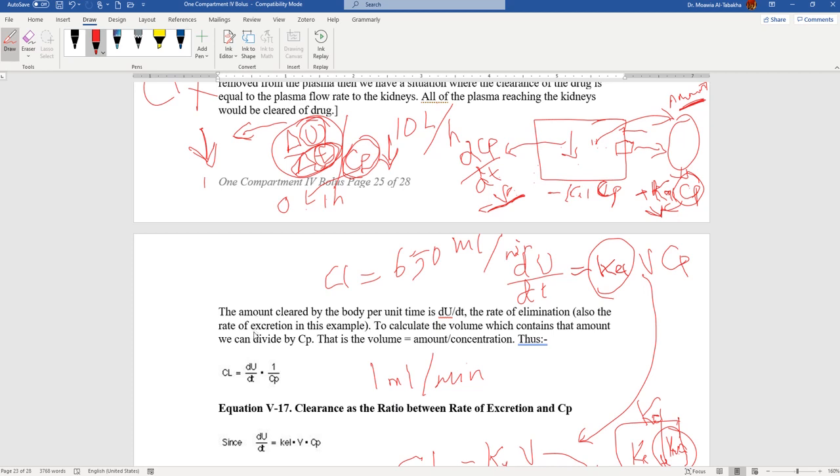How do I know if the kidneys are working well or not? As I already discussed before, through creatinine clearance. It should be 120 to 130 ml per minute. But for a drug to have 1 ml per minute, that depends not only on the kidney function. Kidney function can be excellent, but it depends on the property of the drug as well. Okay?